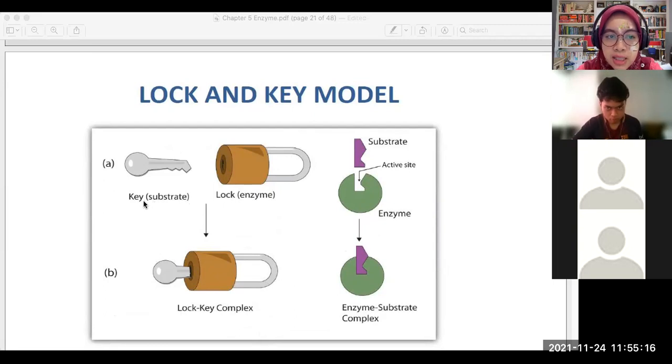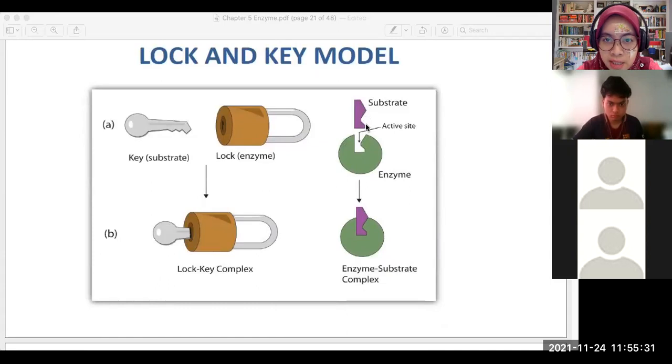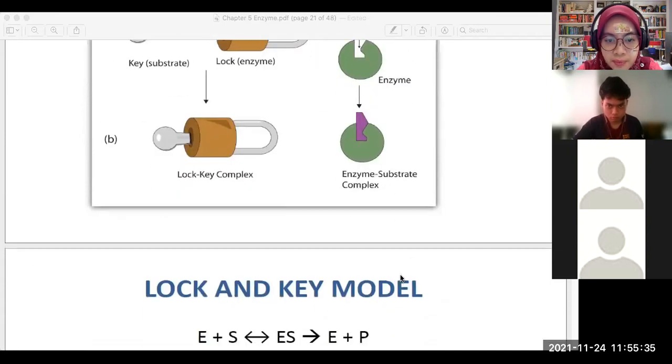You have to mention that the key represents the substrate, the lock represents the enzyme, and that the lock-key complex formed is similar to the enzyme-substrate complex, for example. All right, so this is the model, meaning that a substrate with this structure can fit into this active site.